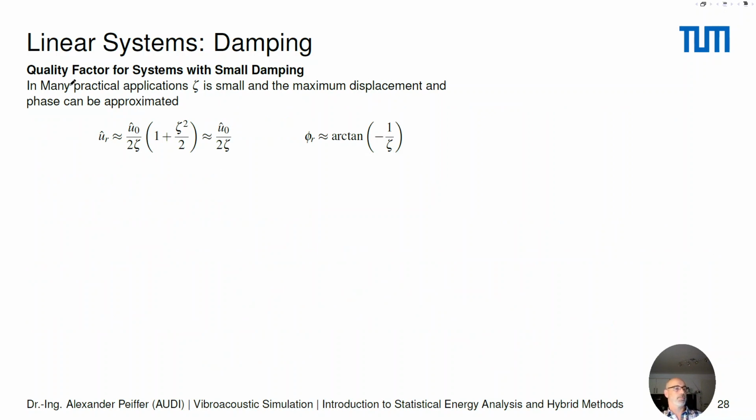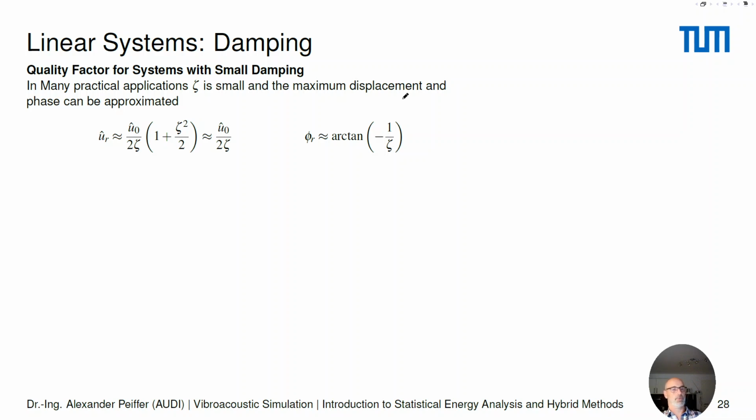So now we will go step by step and introduce more and more quantities, criteria, and figures for different damping identification. And we start with the quality factor for systems with small damping. In many practical applications, this viscous damping ratio is quite small.